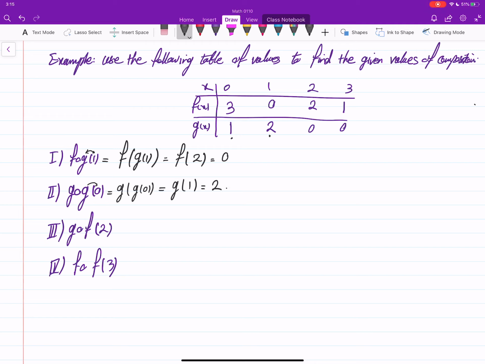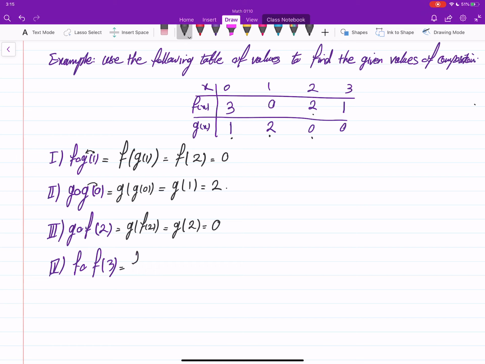So g∘g at 0 is going to be 2. How about g∘f? This is going to be g of f at 2, but f at 2 is 2, and then g at 2, the table has it, it is just 0.